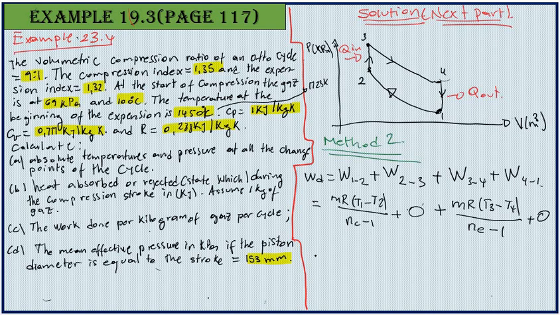So now we are going to have MR T1 minus T2 divided by NC minus 1 plus, so here what we can do is just replace by the value, because we have already the value on each point.